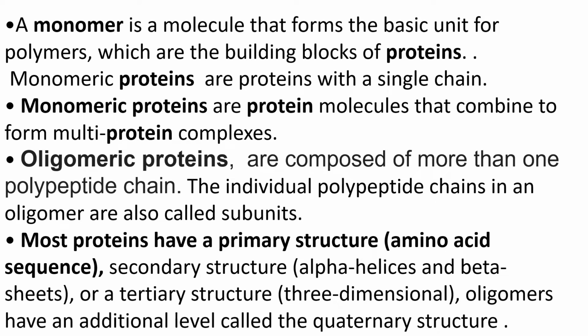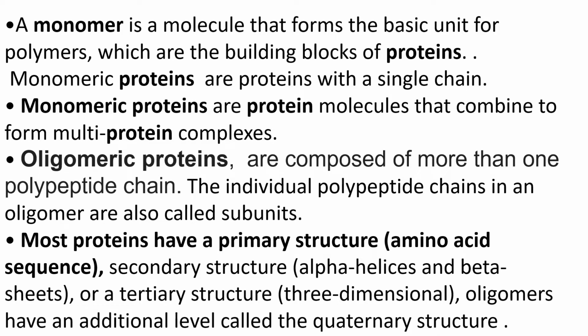While going through this topic, you must be familiar with some of the terminologies. A monomer is a molecule that forms the basic unit for a polymer. What are monomeric proteins? They are proteins with a single polypeptide chain. Monomeric proteins, when they combine, form multi-protein complexes.